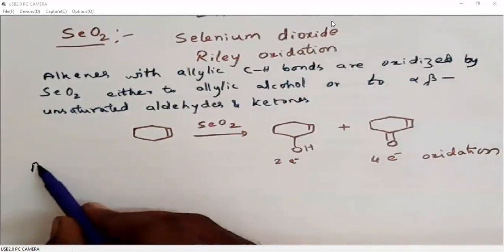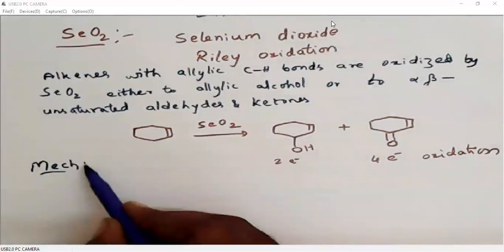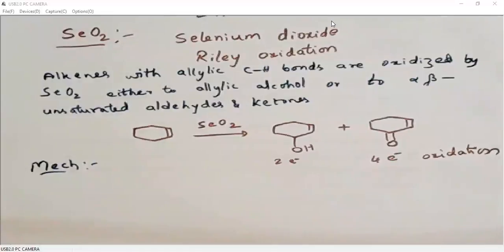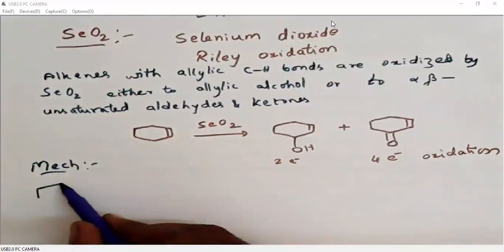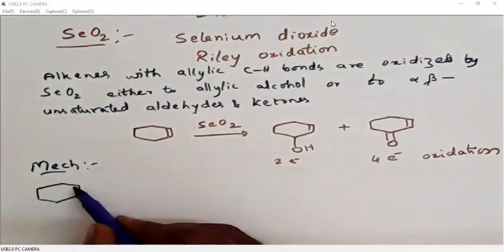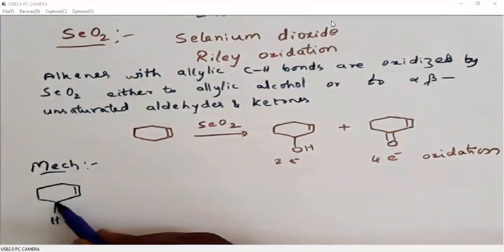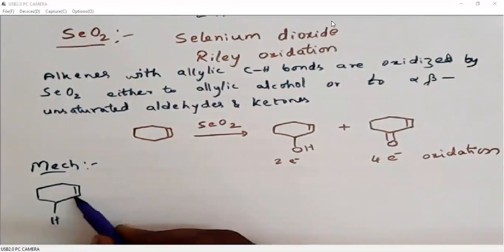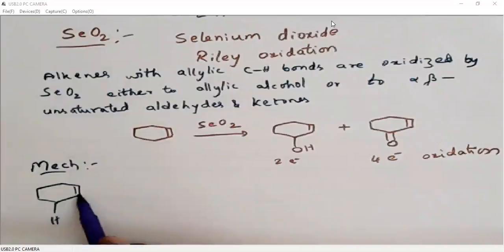I'll explain the mechanism of how this selenium dioxide oxidation will occur on double bonds. Alkenes with allylic CH bonds: this is the allylic carbon, this is the double bond alkene. Our next carbon is the allylic carbon, so this is the allylic CH bond.